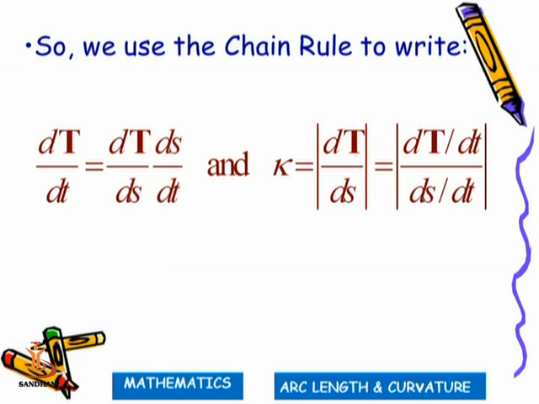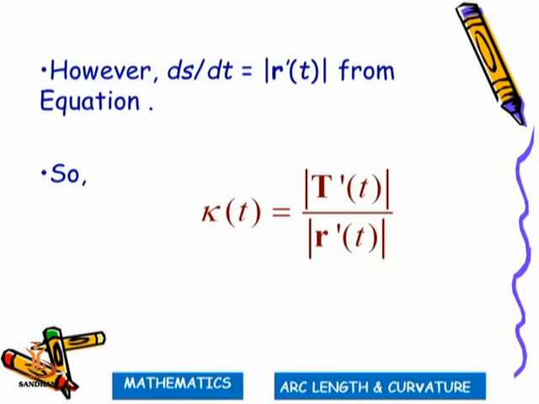So we know this chain rule. So curvature k is equal to modulus of dT by ds. However, ds by dt is modulus of r dash t. So from the equation what will we have? T dash upon r dash t.